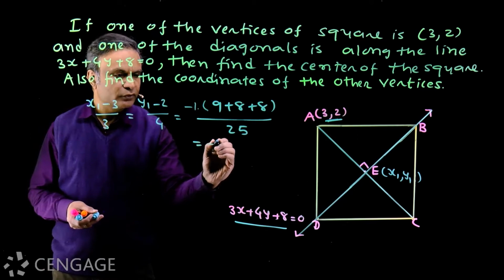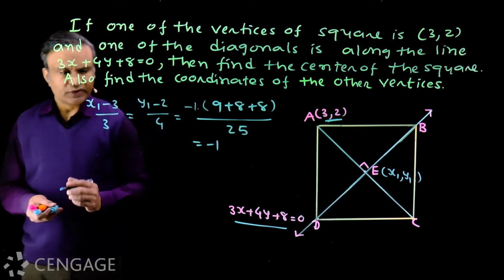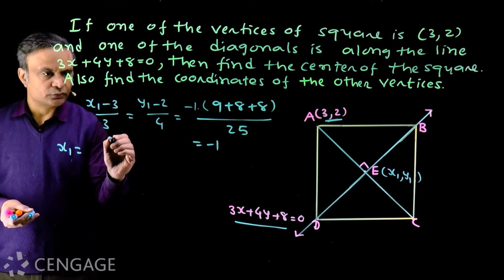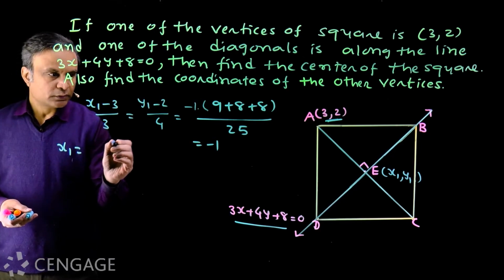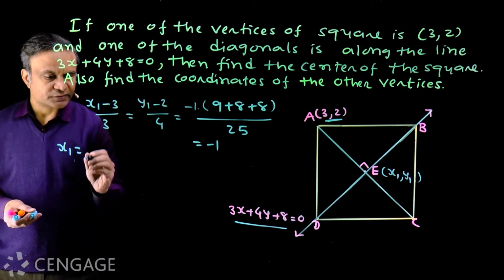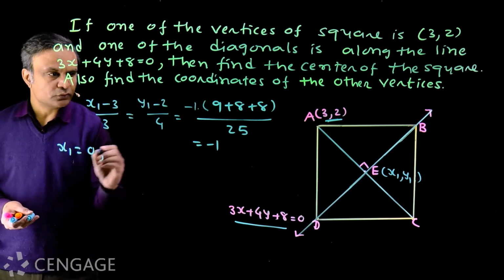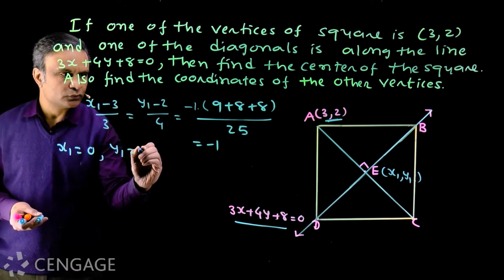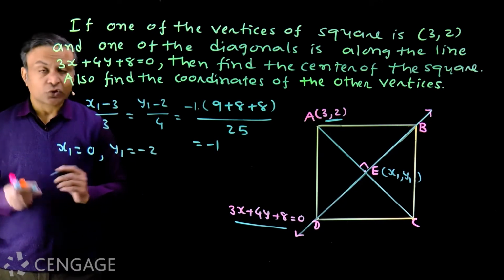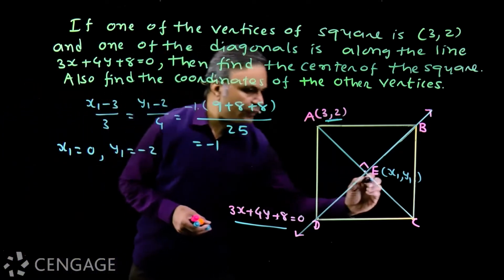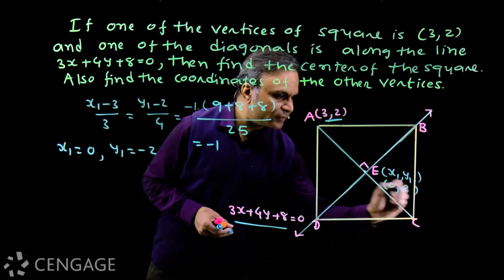So this is equal to minus 1. So we have x1 is equal to, minus 3 gets cancelled out, so x1 is equal to 0 and y1 is equal to minus 2. So coordinates of the center are (0, -2).